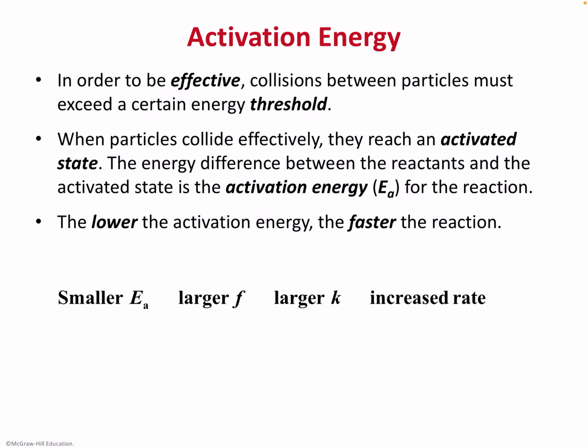So when particles collide effectively, they reach an activated state. The energy difference between the reactants and the activated state is the activation energy for a reaction. Okay, the lower the activation energy, the faster the reaction. If you can reach activation energy sooner, meaning having a low activation energy, you will have a faster reaction.